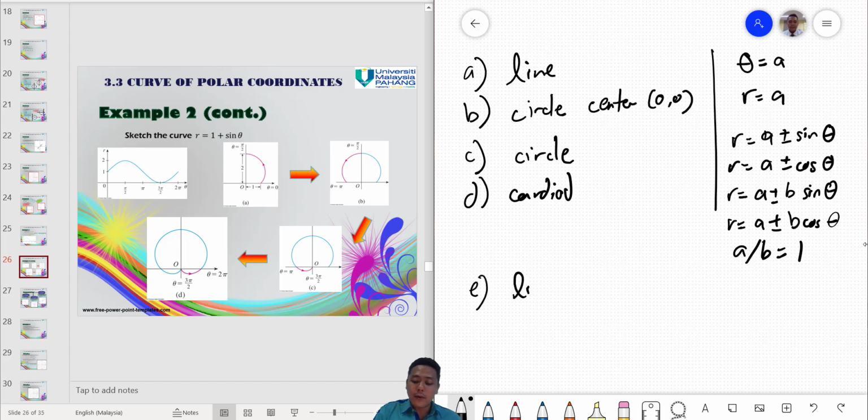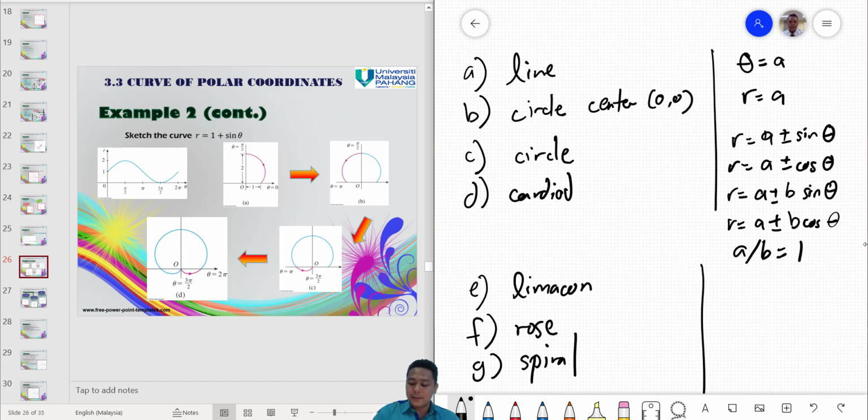You have also more, which is the other types of limacon. It can be in the form of a rose or flower shape, and it can also be in the form of a spiral. This one is covered in this course.